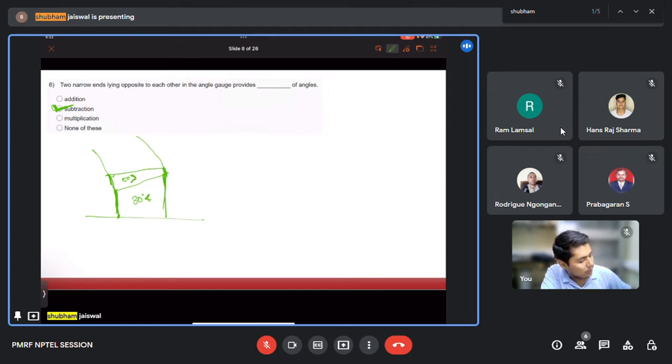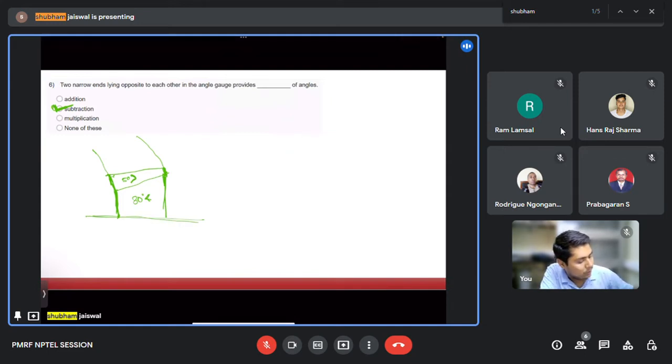So in these angle gauges we can subtract the angles, but in slip gauges it is not possible. We can always add the slip gauges. We can't subtract from the slip gauges, but in angle gauges the subtraction is possible.